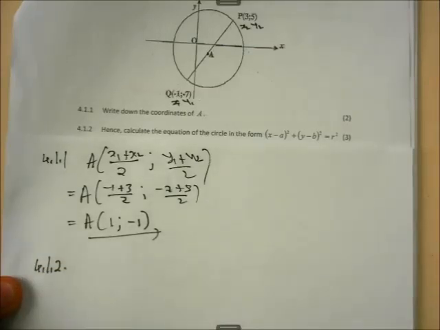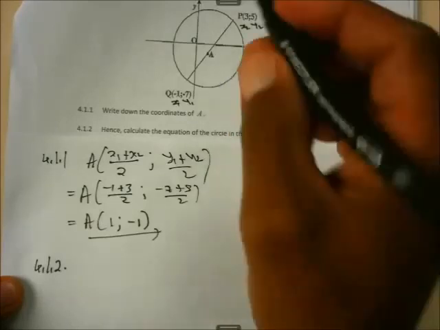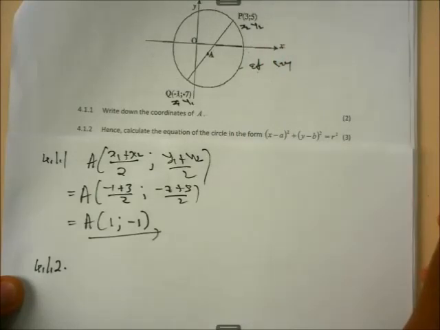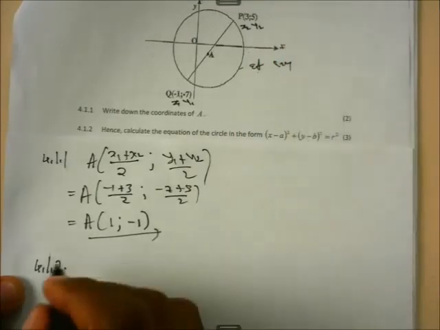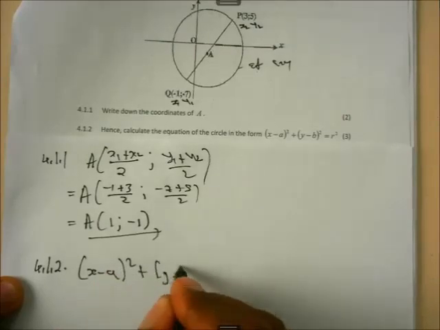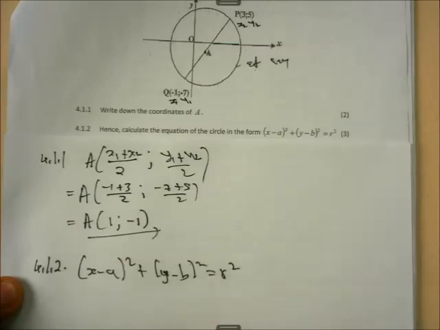Hence, now calculate the equation of the circle in the form x minus a squared plus y minus b all squared is equal to r squared. Of course, immediately now you can see, because A is a center, this circle is centered at any point. Therefore, we are going to use x minus a all squared plus y minus b all squared is equal to r squared.